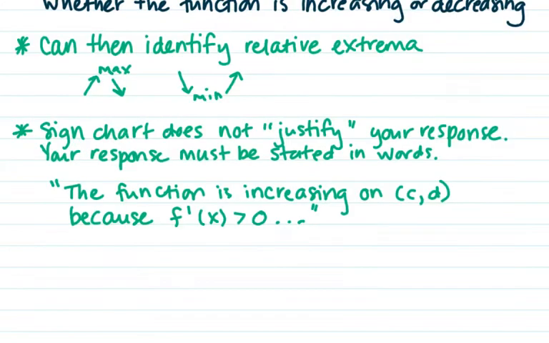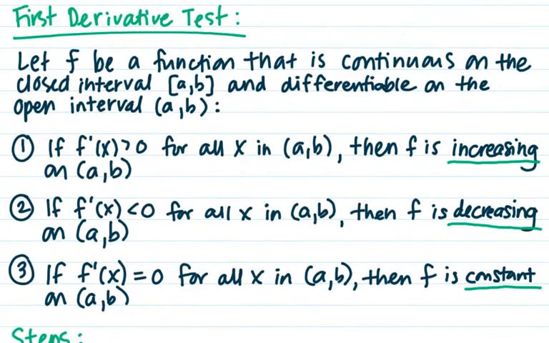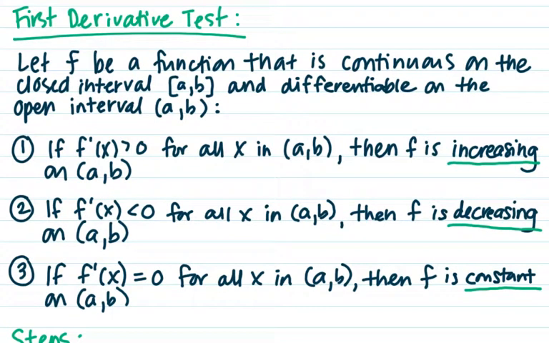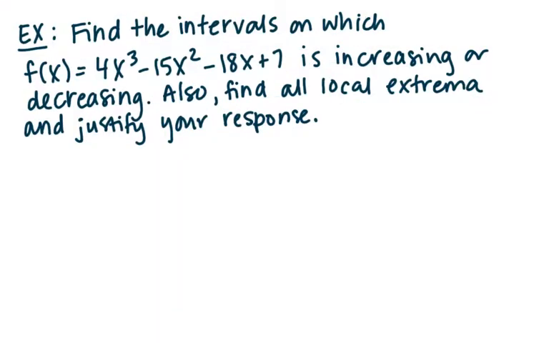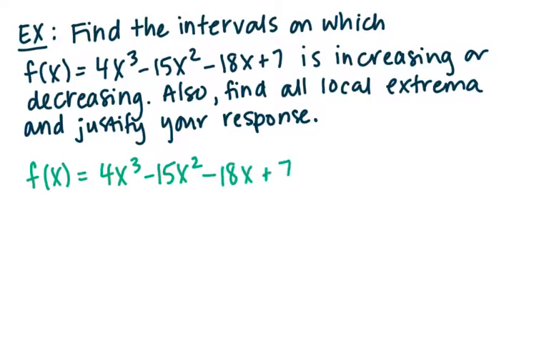Okay, so if you look back, one thing we have to always be conscious of is this first part of the test that says that the function is continuous and differentiable on a given interval. So we need to actually address that up front. So I'm going to say f of x equals 4x cubed minus 15x squared minus 18x plus 7.